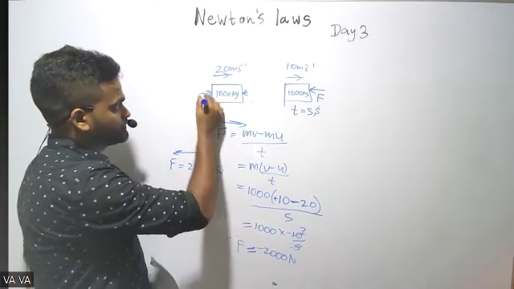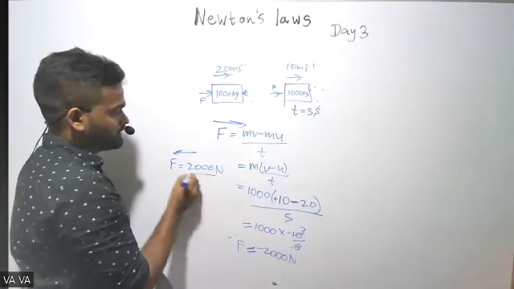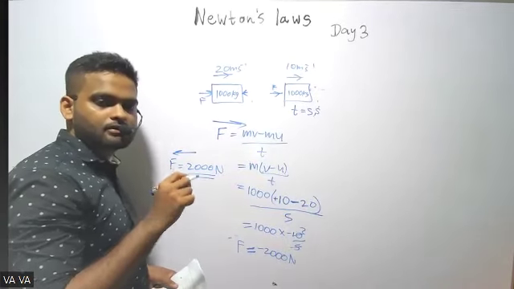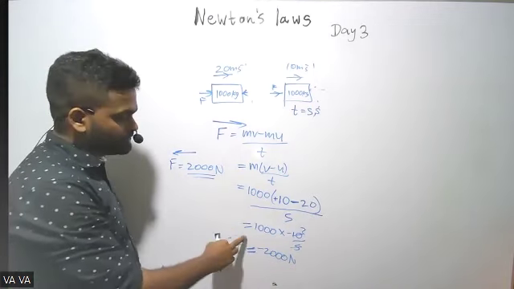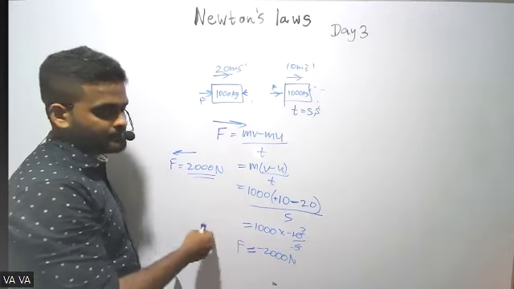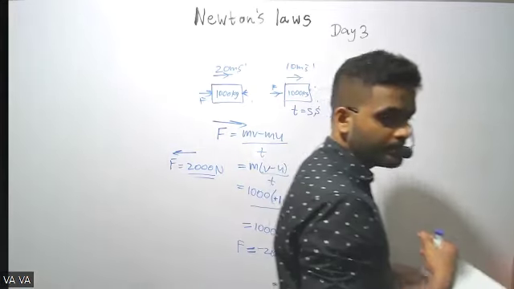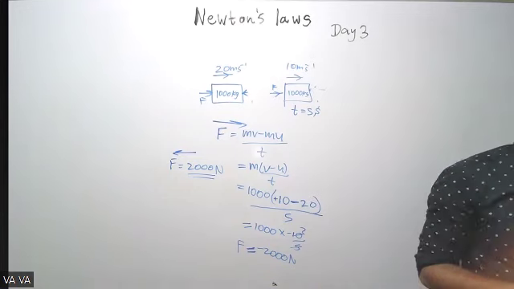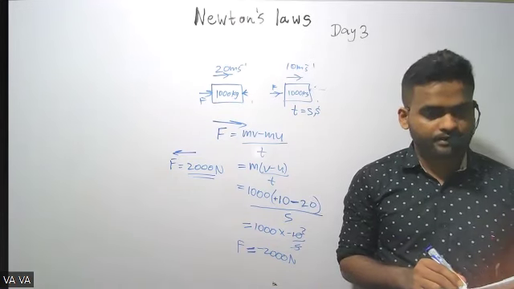Actually, this force should be marked here. Even if we mark the force wrong, at the final answer, if you did the substitution correctly, you get the correct direction, right? Yeah, so the answer is the fourth one for the seventh question.